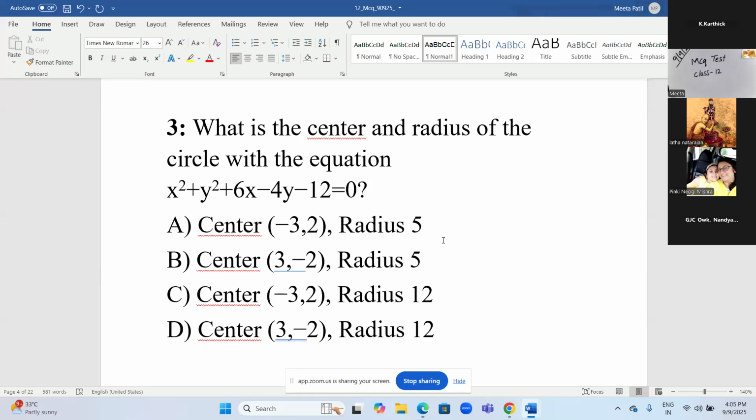So you are having the options as option A center as minus 3 comma 2 and the radius is 5. Option B center is 3 and minus 2 and the radius is 5, and the option C minus 3 comma 2 and the radius is 12, and the option D center has 3 comma minus 2 and the radius as 12.